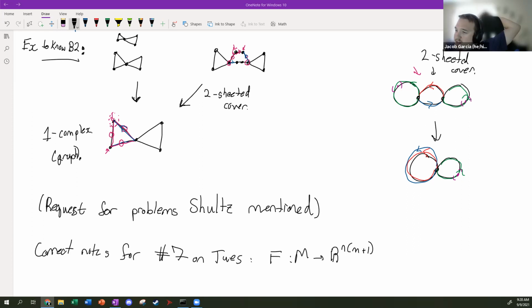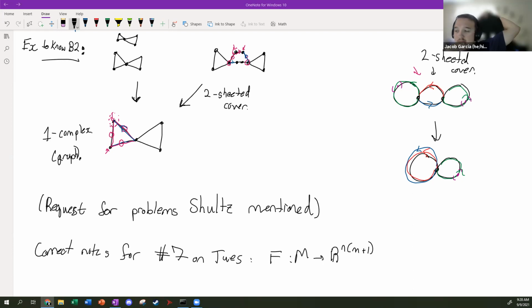Wait, so you're saying that this is question 11 from exercises to know, part A? Algebraic topology? I think that's what, oh no, I'm sorry, part B, my bad. In my head, all the lifting stuff is part A, but it's actually part B on your document, sorry. Maybe that makes more sense.